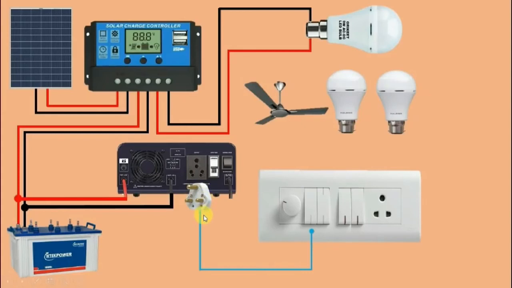So all AC appliances will be connected to the switchboard, which will serve as a point of distribution to all other AC appliances, such as the fan and the bulbs, via the switch.